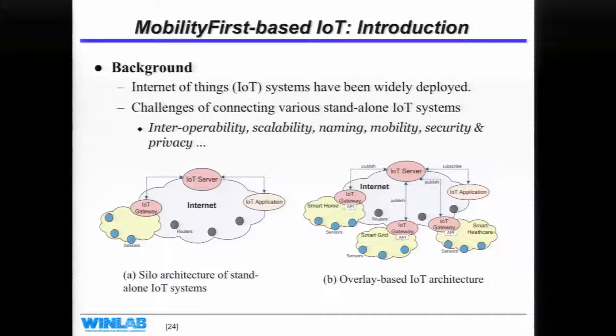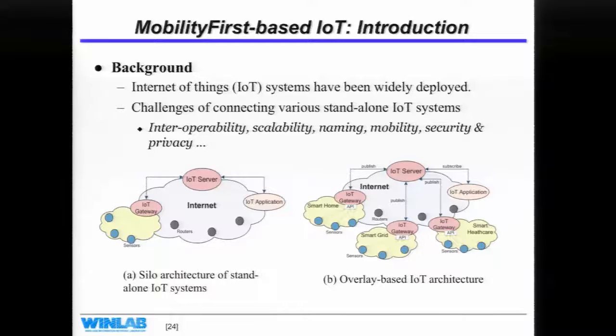In the overlay-based IoT architecture, standard control and data APIs are introduced at the IoT gateway, which connects local IoT systems to the global Internet. Also, the IoT gateway publishes data to a central IoT server. This approach also has some problems.